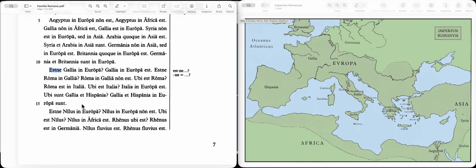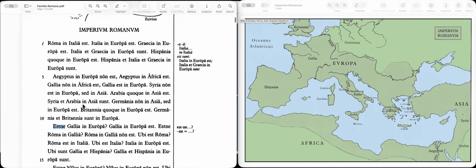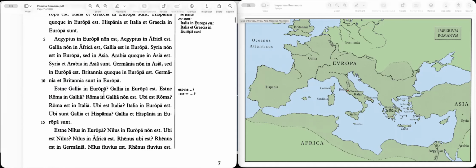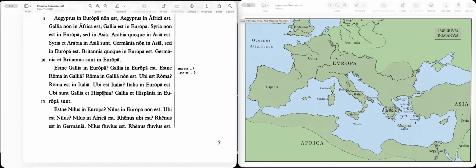Good example: Roma in Italia est. Rome in Italy is. Well, that's not how we say it in English, right? Sound like Yoda. Correct. So as time goes on, you will see more and more constructions that simply do not map neatly into English. Now, they all have a very clear English meaning. I mean, Latin expresses ideas, English expresses ideas.